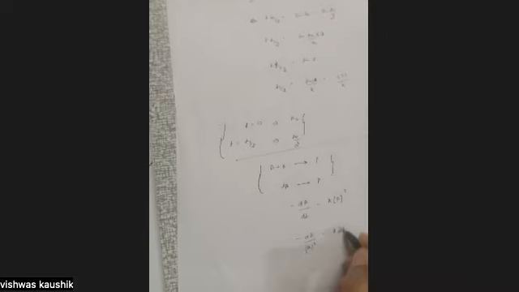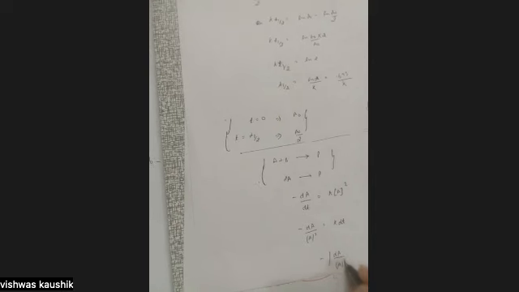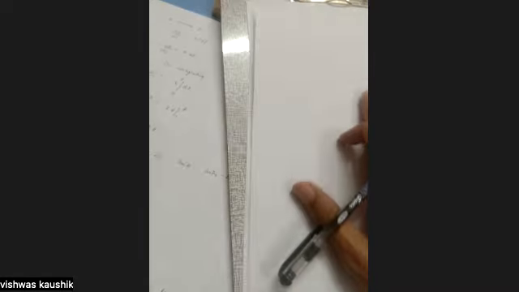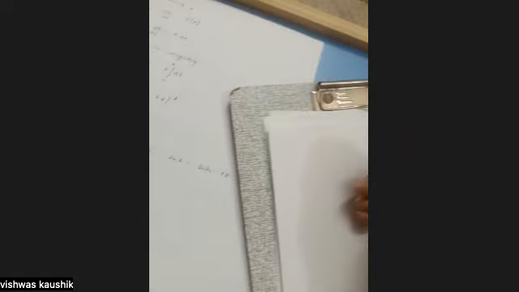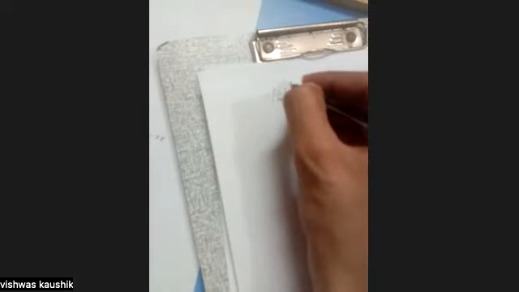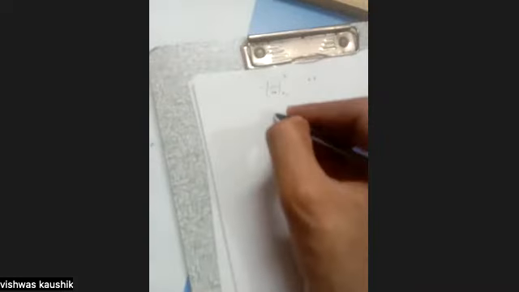On integrating from A naught to A, and 0 to t, it will be minus the integral, giving 1 upon A is equal to 1 upon A naught plus kt.